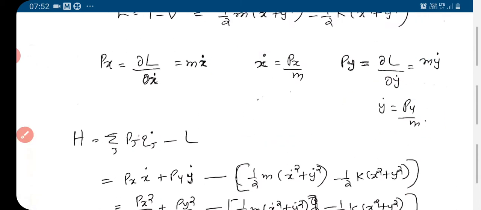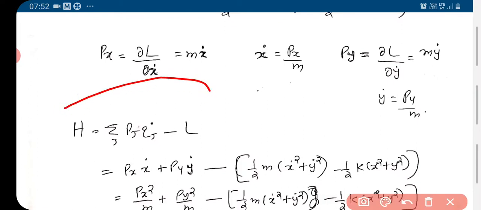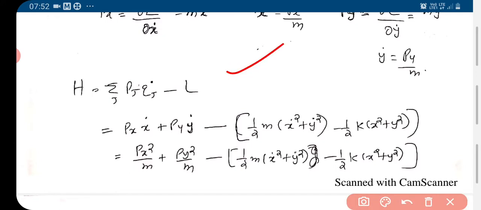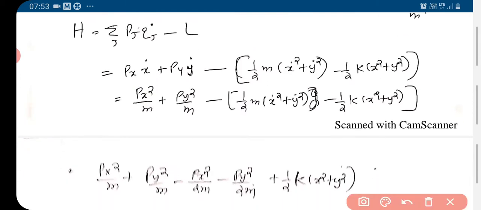So H is the sum over j of p j q j dot minus L, which is px x dot plus py y dot minus L. L is half m x dot squared plus y dot squared minus half k x squared plus y squared. Px x dot is px squared by m, because x dot we know is px by m, and similarly py squared by m for y dot.